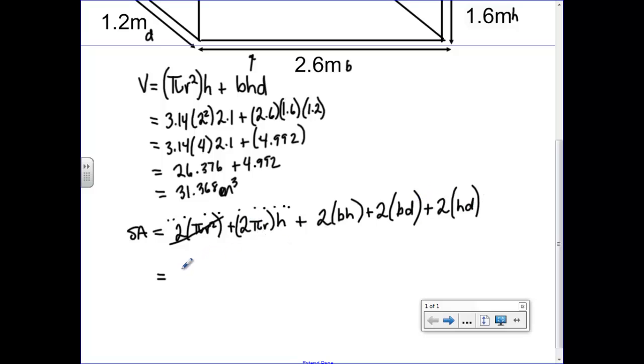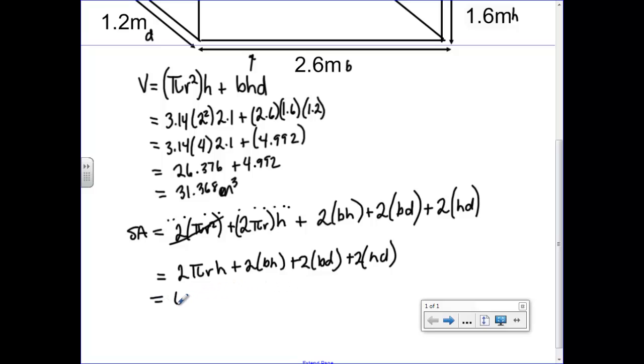Realistically, I'm solving for this: base times height plus 2 times base times depth plus 2 times height times depth.